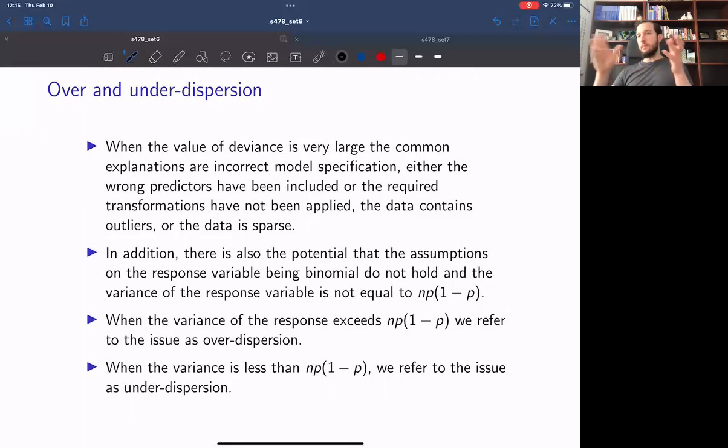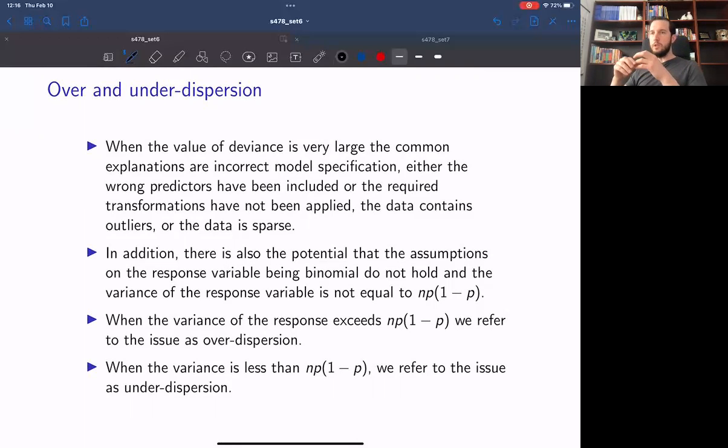There are many situations, it's very common, where the deviance score will not result in rejection of the null hypothesis, but it is still quite big compared to the expected value of the chi-square, which is the degrees of freedom.